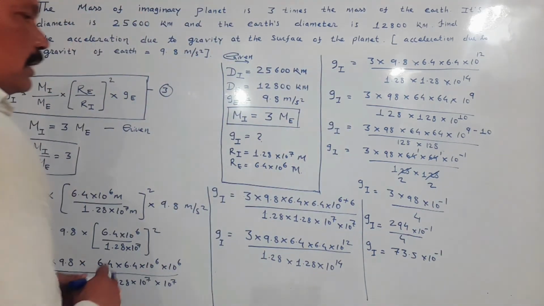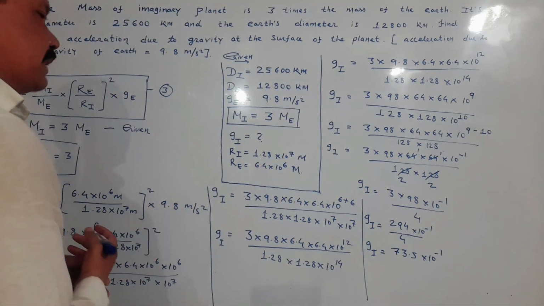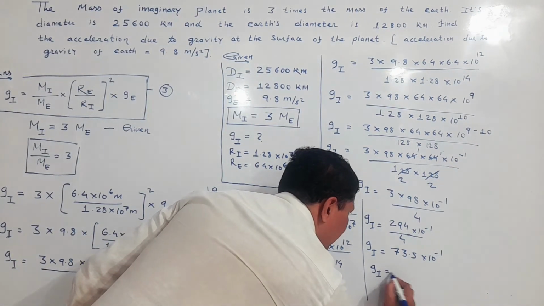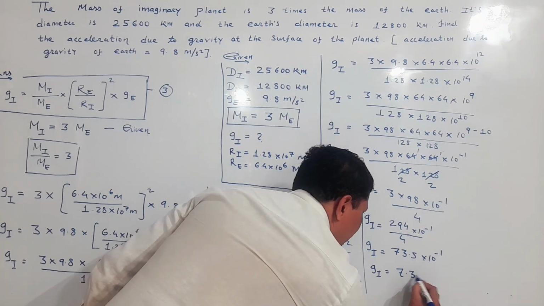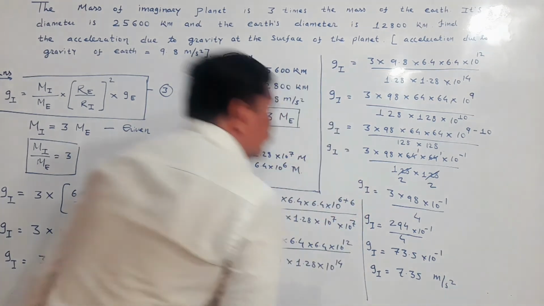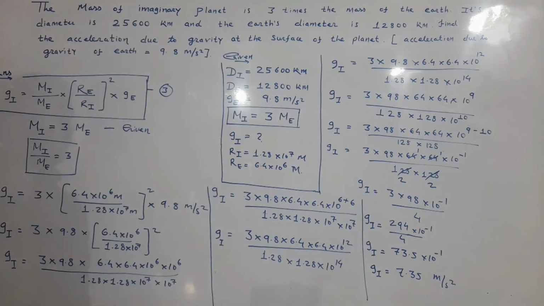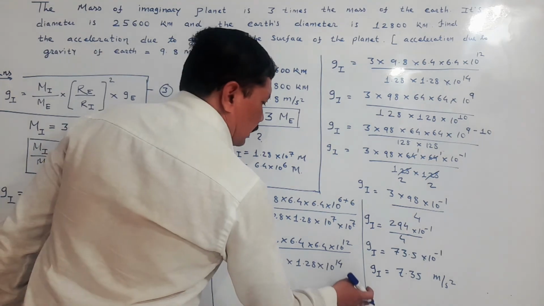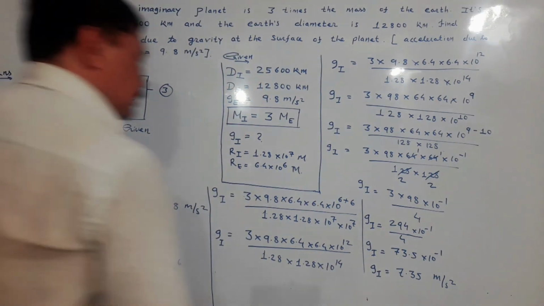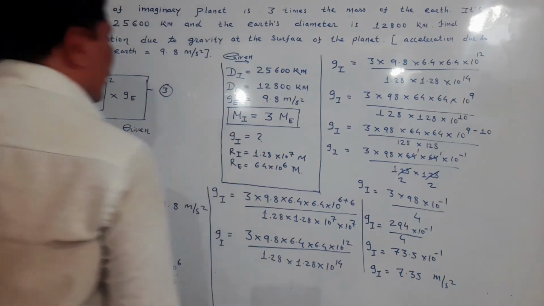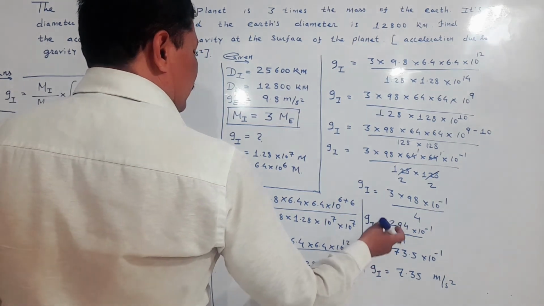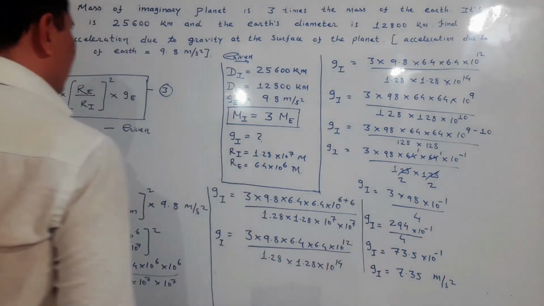Now my dear student, this value we have to convert into scientific notation. So we can write Gi is equal to 7.35 meter per second square. So my dear student, here we have found the acceleration due to gravity on the surface of the imaginary planet, and it is found to be 7.35 meter per second square.